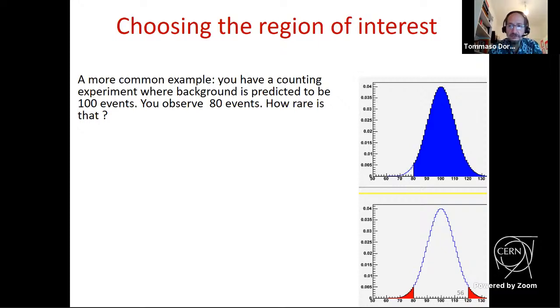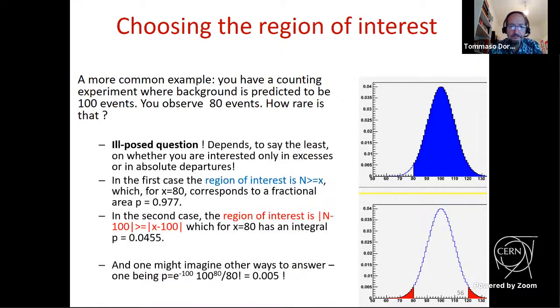And the answer, of course, for the p-value changes. Or you could even imagine actually computing the probability of observing exactly 80 events. That is small, of course, but it doesn't answer anything really, right? Because it's just a random variable that takes on that value by chance.